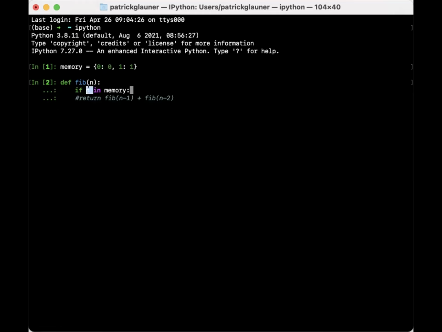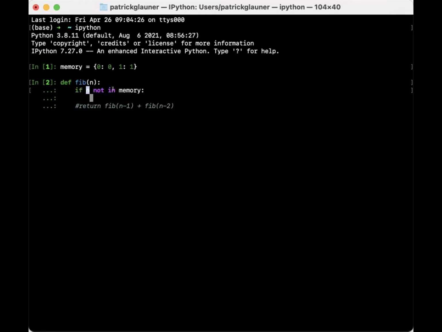So I want to check if n exists as a key in here. But if it's in, I'm actually fine. Then I can just return it. So I actually care if n is not in the memory. So I'm just inverting this. And this works perfectly fine with Python syntax. That's very close to human language.